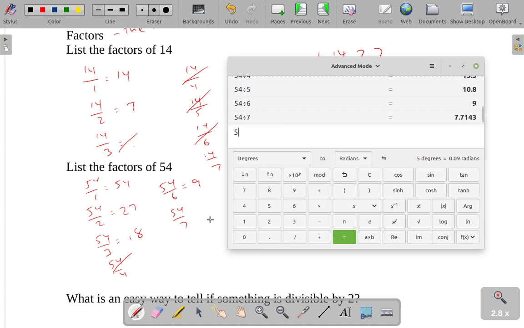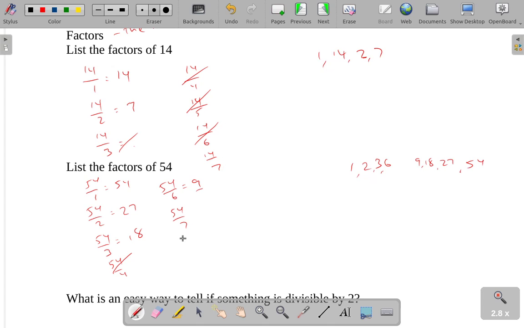Nope. 54 divided by 8. Nope. 54 divided by 9. That one comes out, but actually I've already covered this one. Which means this is my complete list. 1, 2, 3, 6, 9, 18, 27, and 54. That's a complete list of all the factors of 54.